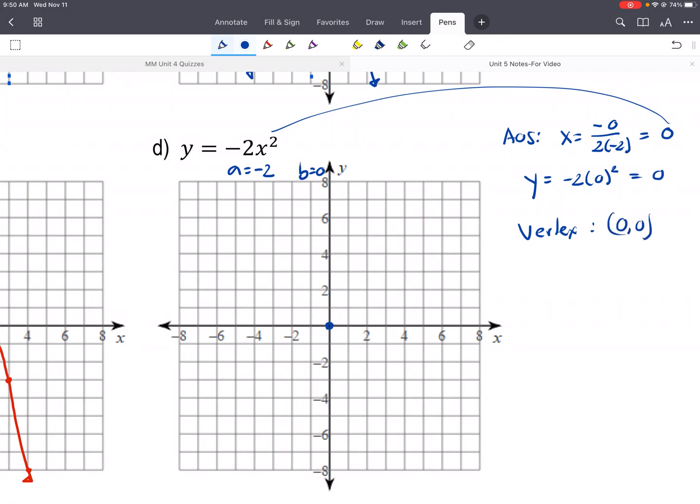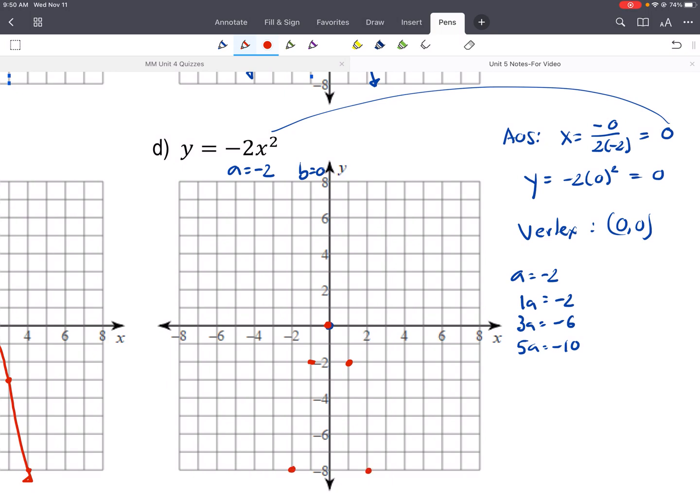And then to find more points, we'd use the growth pattern. So a is negative 2, we would do 1a, 3a, 5a. That's negative 2 and negative 6 and negative 10. So we would go over 1, down 2, over 1, down 6.